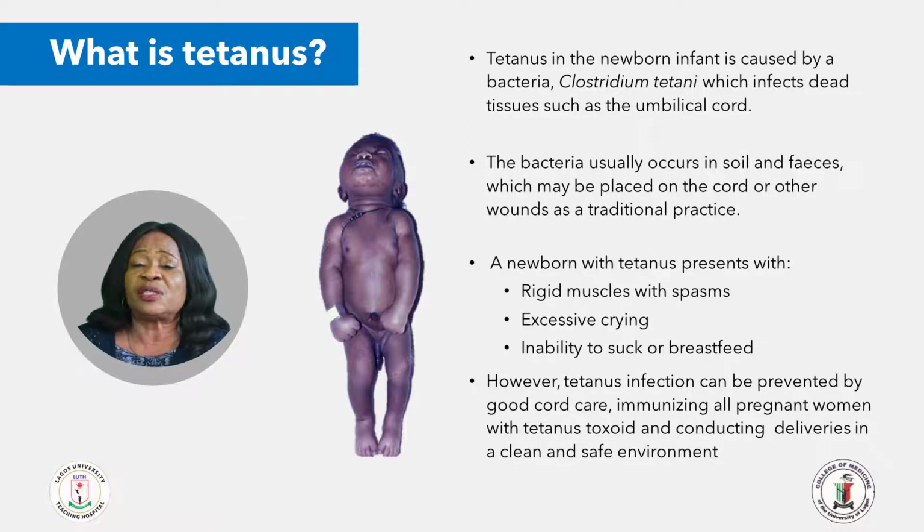They take tetanus toxoid when pregnant in order to avoid tetanus infection in the baby. And also, conducting deliveries in a clean and safe environment will also help to guard against this. Also, during the health education in the community or community outreaches, mothers should be taught it's safer to make use of skilled birth attendants in the hospital. These are ways of avoiding tetanus infection in children.